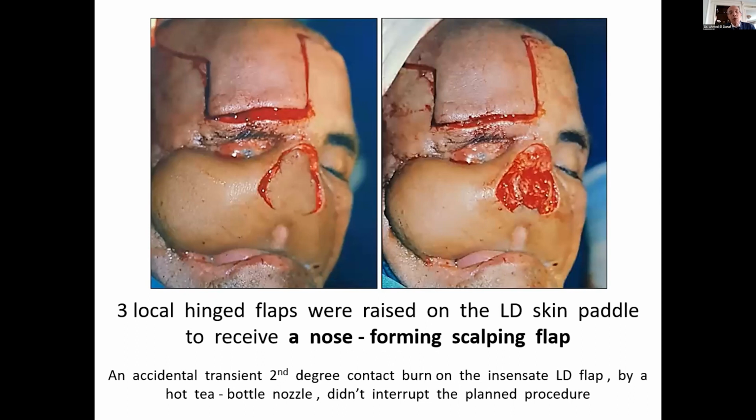The 2 flaps were received on top of the free flap just by creating local small hinged flaps on the skin part of the free flap to receive the converse forehead scalping flap to form a new nose with 1 nostril, a nasal shape, I would say.